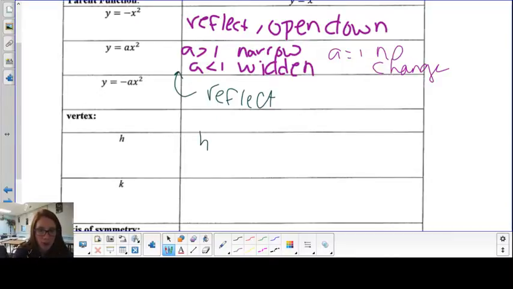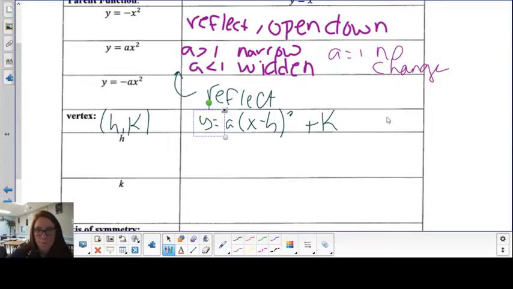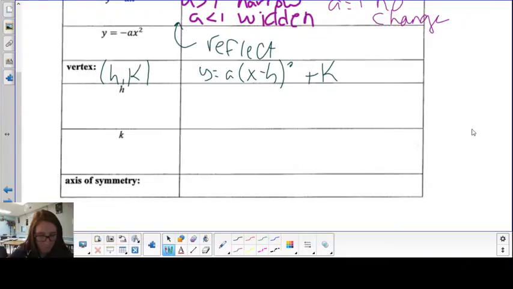If my h is bigger than 0, oops, I missed a step, sorry. We talked about on the slide before, my vertex was h comma k in the equation y is equal to a times x minus h squared plus k. If the h value is greater than 0, it goes to the right.